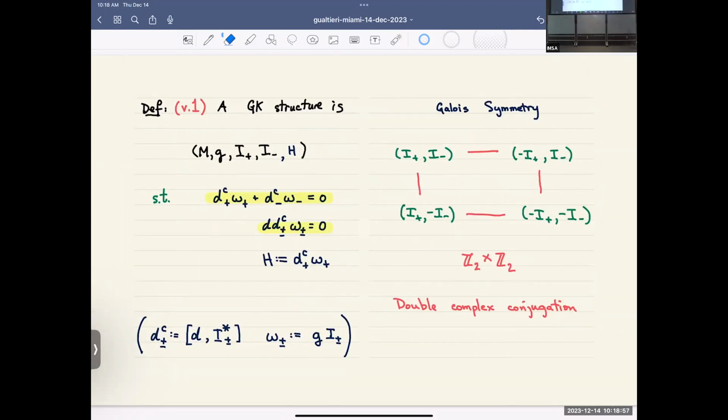I want to mention something that is not often brought up. I've never written about it, and neither has anyone else, which is that there's a certain kind of Galois symmetry. So if you think of the category of complex manifolds, if you have a smooth manifold with a complex structure, you can always take that complex structure and reverse its sign. And that is a symmetry that the category of complex manifolds has, right?